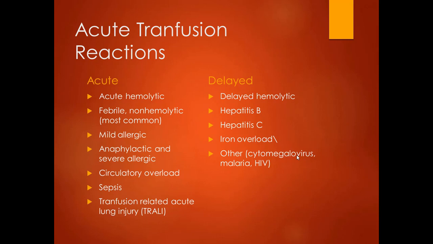Circulatory overload is very common in the elderly. Sepsis might occur, and then a transfusion-related acute lung injury. Delayed reactions might be a delayed hemolytic, hepatitis B or C, an iron overload, because people can have too much iron, and then cytomegalovirus or malaria or HIV, just something that would be passed along in the blood product.